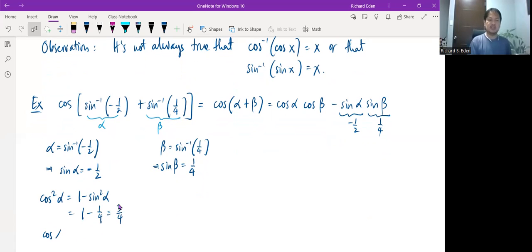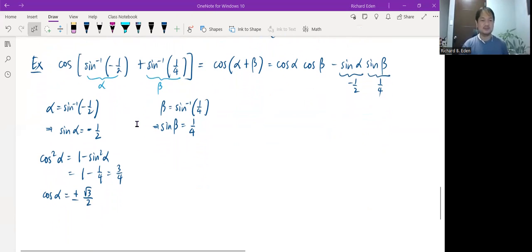But that means cosine alpha could be one of these two things, plus or minus the square root of 3 over 2. Now, cosine of alpha cannot be both these numbers at the same time. We have to make a choice, and that would be the more subtle part of this solution. The computation is easy: square, subtract from 1, take the square root.